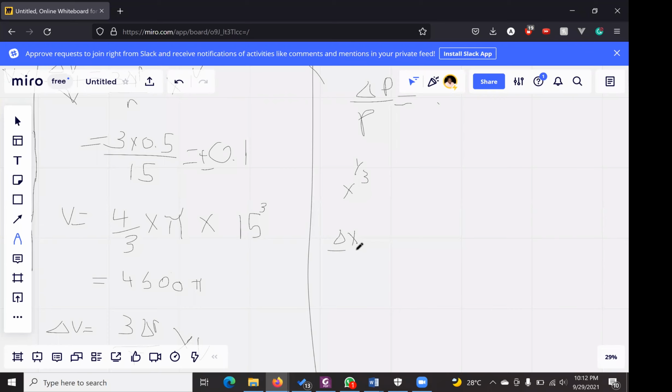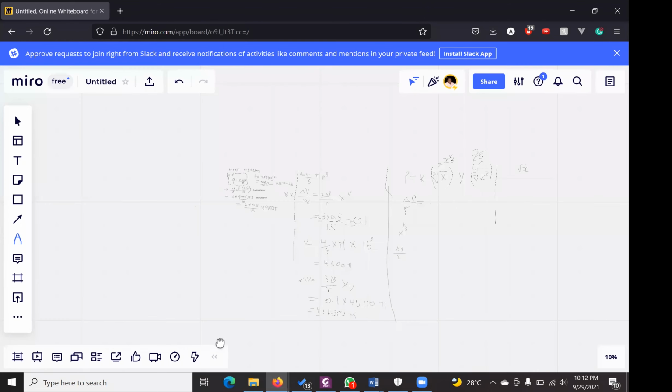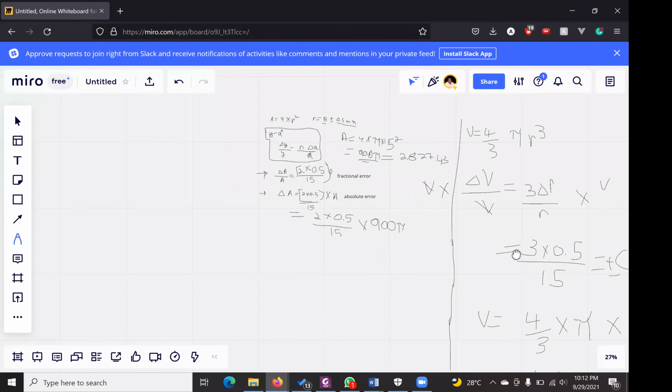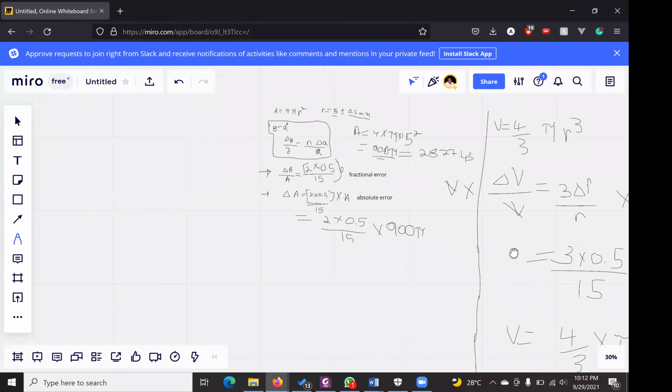Anybody? Using rule number 3, which was this. Zooming in on it a little. Using what we know from this, everybody seeing the y equals a to the n?